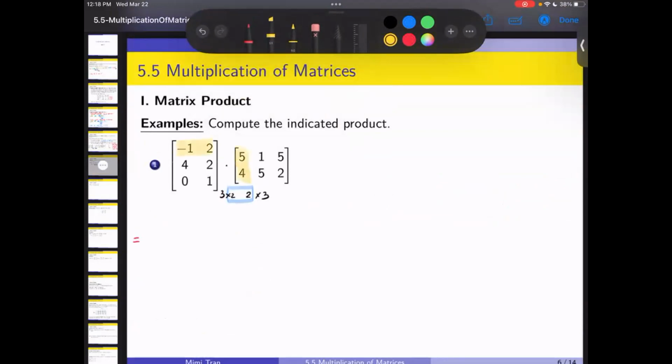Just like the dot product we did, it will be negative 1 times 5 plus 2 times 4. Do you guys remember the dot product on the first page?